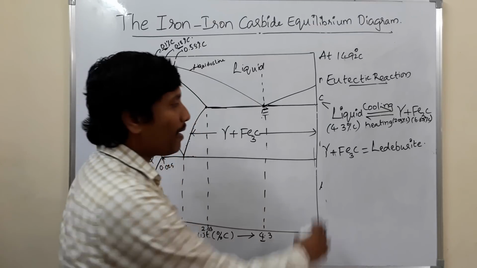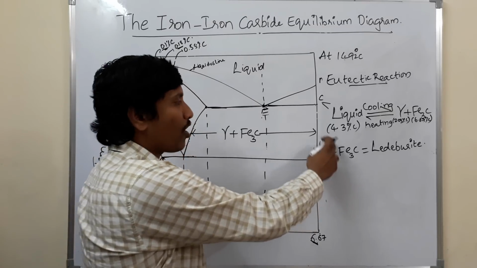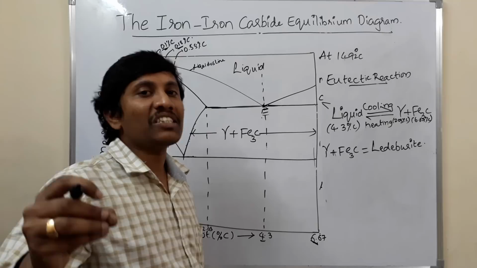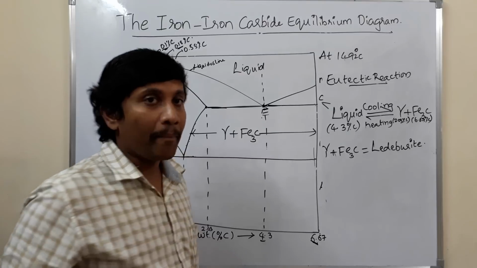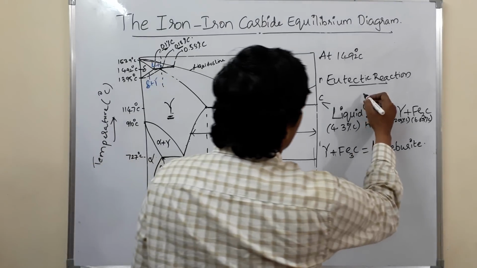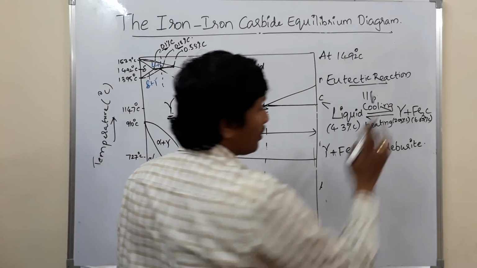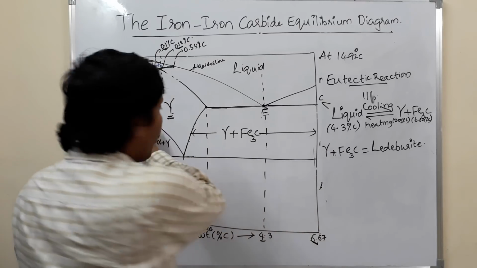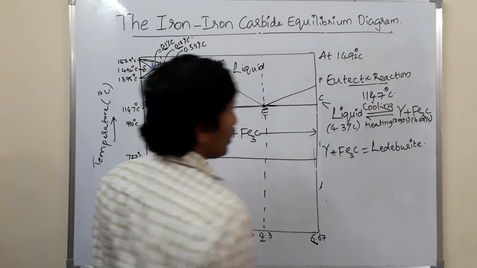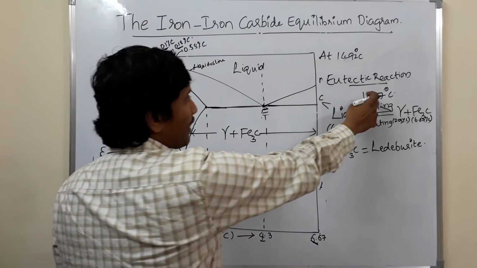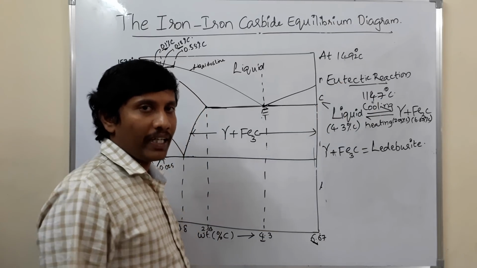Because gamma solid solution or austenite doesn't exist at room temperature. Okay, this reaction occurs at a temperature of 1130 degrees centigrade. Okay, sorry, this reaction occurs at a temperature of 1147 degrees centigrade. Okay, this eutectic reaction occurs at a temperature of 1147 degrees centigrade.